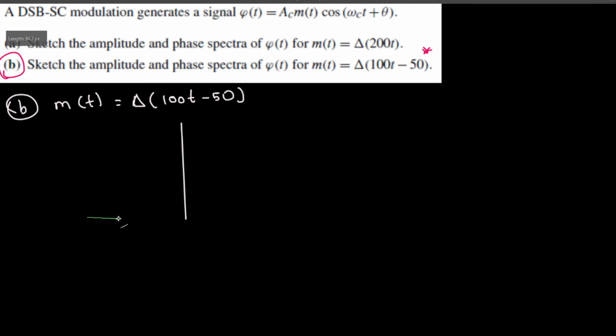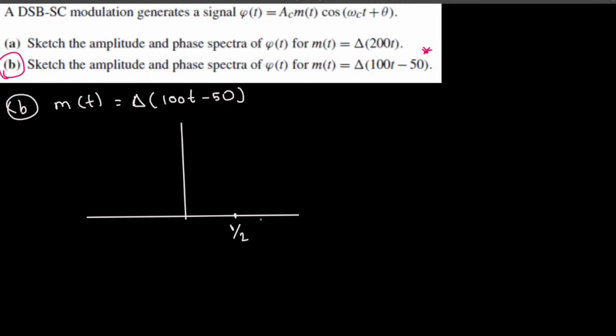It's a triangular and it's shifted 50 units, but to look at the real shift in t, I have to divide both of them by 100. So this is 100t over 100, that is t, and then minus 50 over 100, that is half, 1 over 2. So it's going to be centered at 1 over 2.